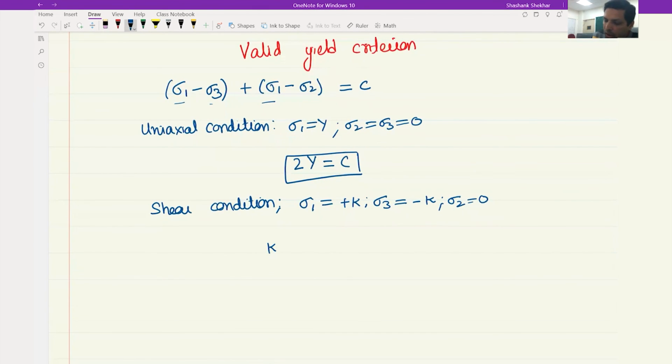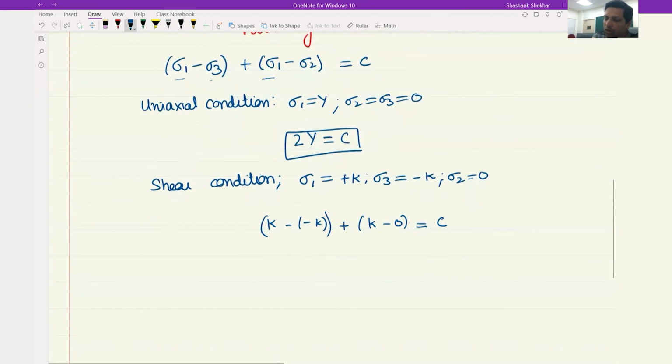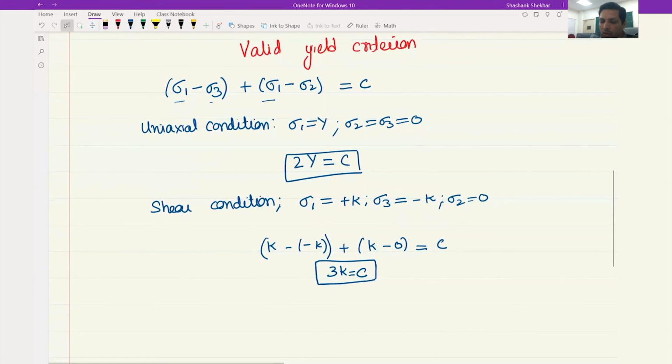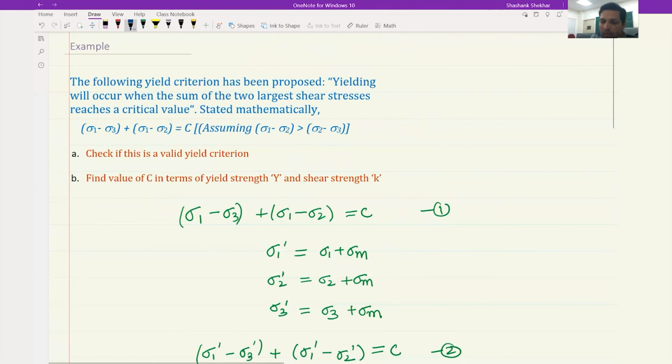So we have K minus K plus, this part, K minus 0 equal to C. Therefore, this is K plus K plus K. So C is equal to 3K. So we have applied this equation on uniaxial condition and shear condition to get the values of C. And we know that this is a valid yield criterion and these are the values of C. So we have solved this problem.